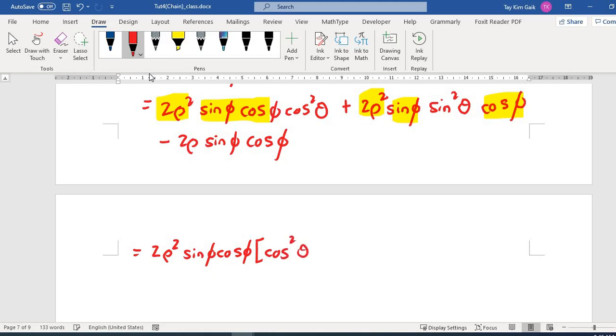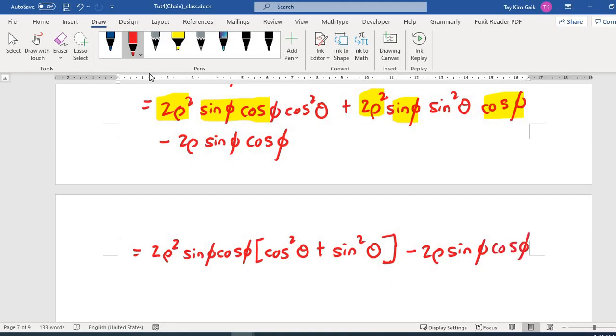The first term leaves cos squared theta, the second term leaves sin squared theta. Cos squared theta plus sin squared theta is 1. Then the third term is negative 2 rho squared sin phi cos phi.